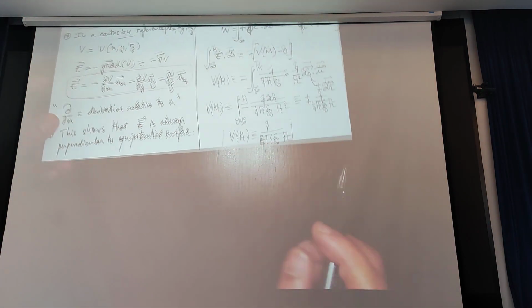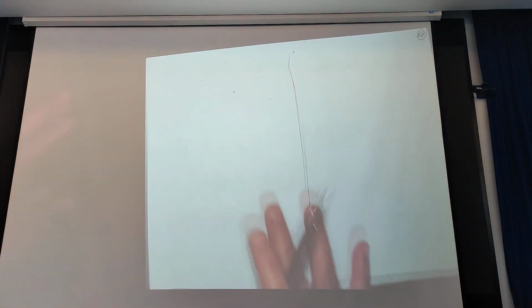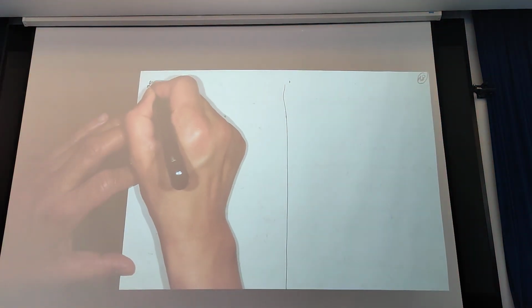Okay, this is the potential created by a point charge. Now the question is, what is the potential created by a dipole?